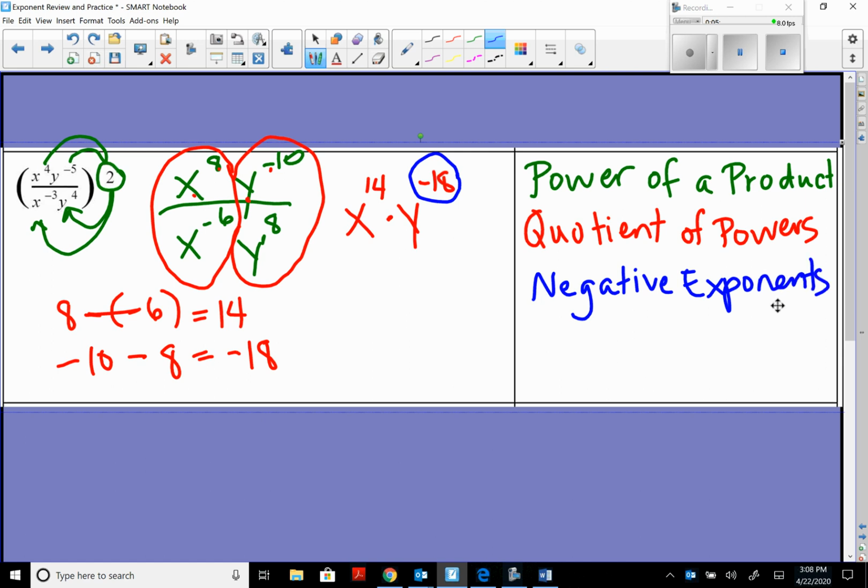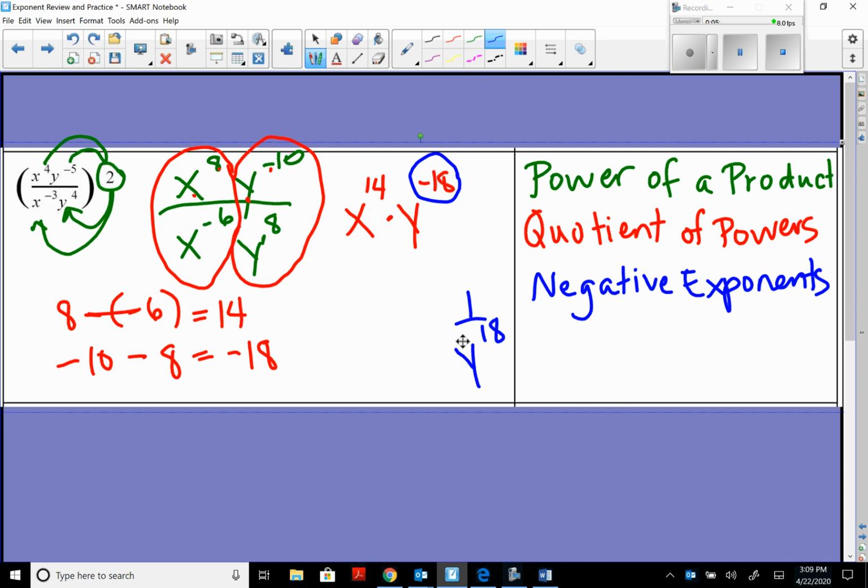If you recall, I can rewrite y to the power of negative 18 as its reciprocal with a positive exponent. So instead of having y to the negative 18th power in the numerator of a fraction, it's the same thing as 1 over y to the positive 18th power.